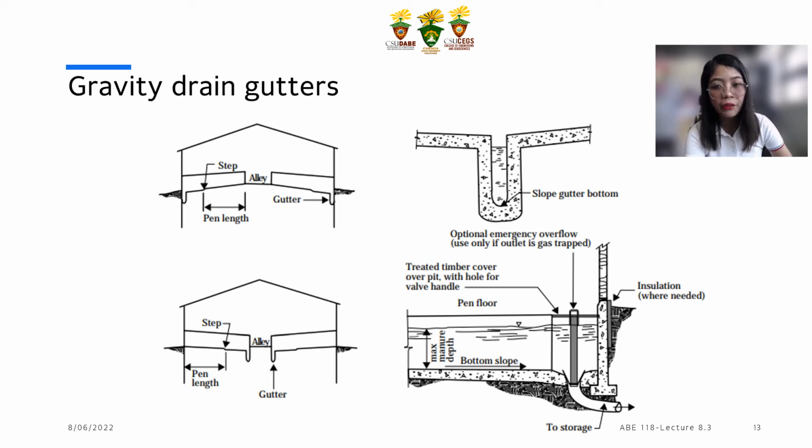The gutter fills and is periodically emptied. Gutters that have U or rectangular cross-sectional shapes are used in farrowing and nursery swine facilities, and these gutters can be gravity drained periodically.